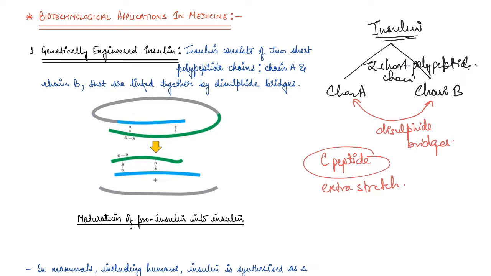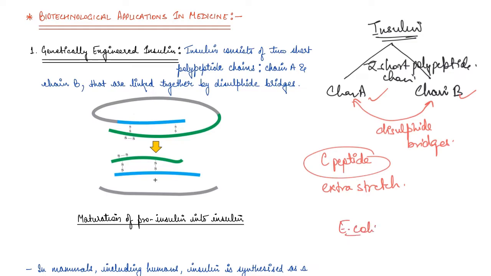So the main challenge for the production of insulin using the recombinant DNA technique was getting insulin assembled into a mature form, right? In 1983, Eli Lilly, an American company, prepared two DNA sequences corresponding to both the chains A and B of human insulin, and they introduced them in plasmids of E. coli.